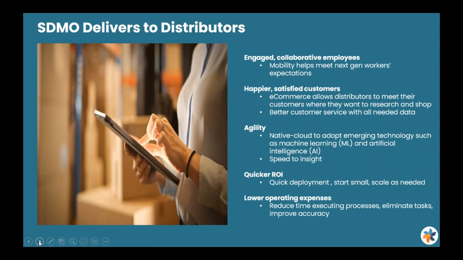And of course, because SDMO is in the cloud, you have the agility to be able to develop and work with different applications, and have that integration there for whatever your business needs might be. And then of course, artificial intelligence, which is one we're all hearing about pretty much every day, all the time now. But also quicker ROI.